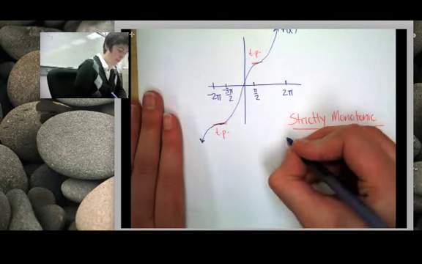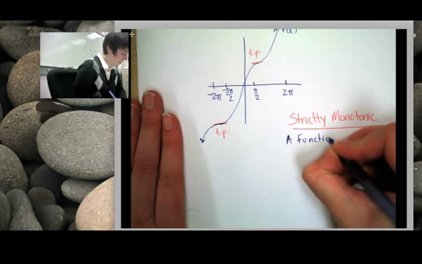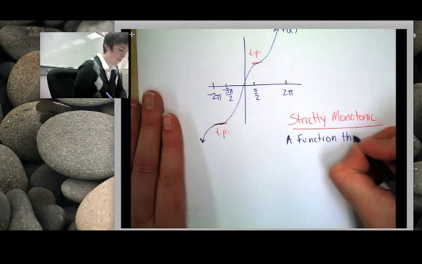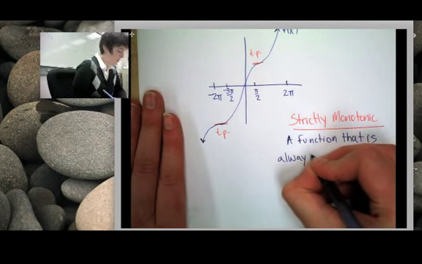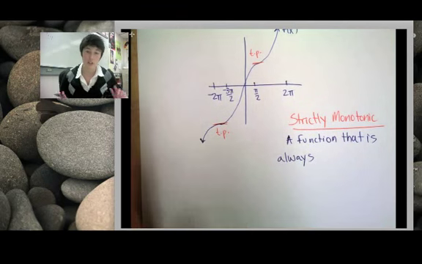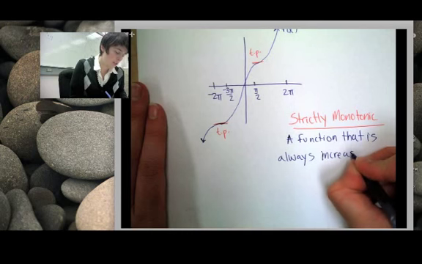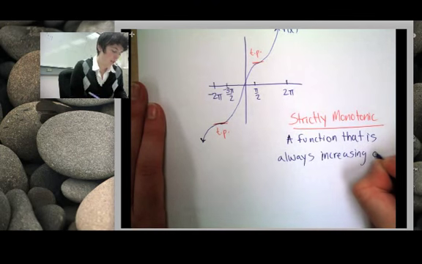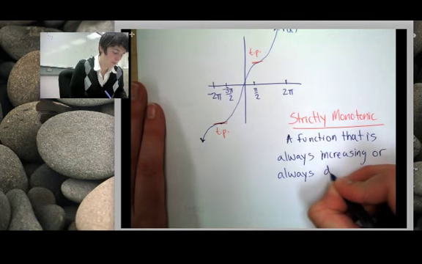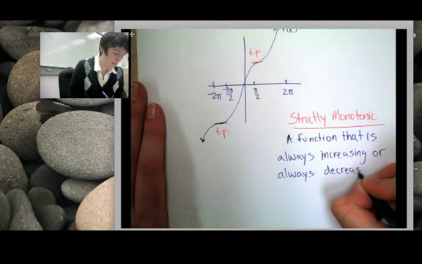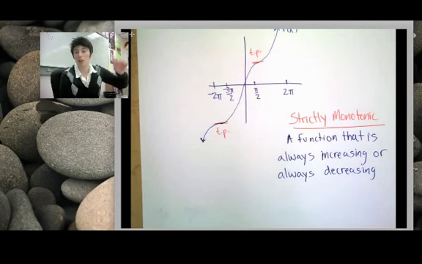So I'm going to say for my definition down here, a function that is always entirely increasing or always decreasing. So you can have a strictly monotonic graph that's always going down, always decreasing.